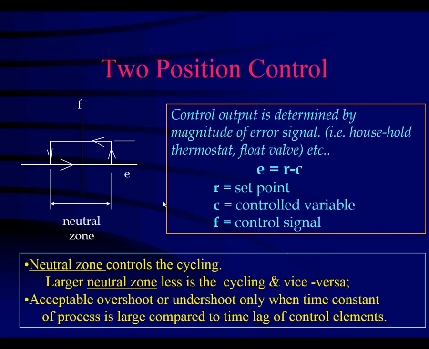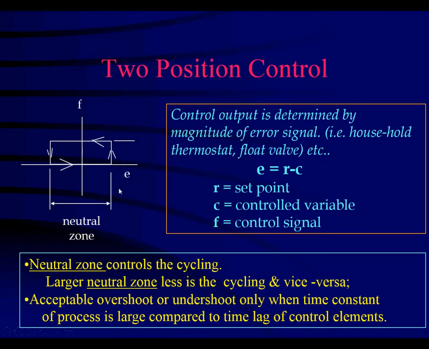The two-position control system, as you can see, what we have to do here is take a value in time and then it turns on, goes back in a loop. Okay.